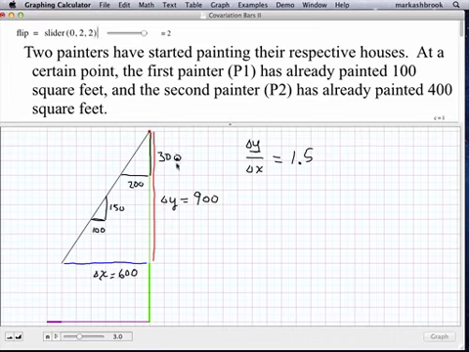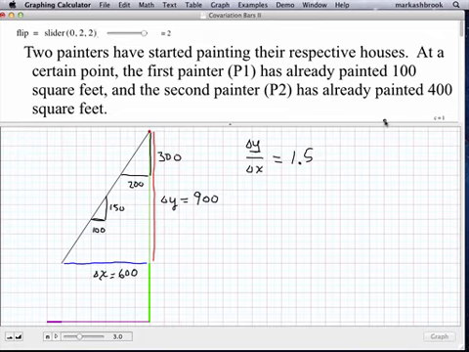How does the line show constant rate of change? Can anyone articulate how a straight line is showing constant rate of change? Ben? It goes up 1.5 units for every 1 unit that goes horizontally. Okay, that's a nice way to say it.